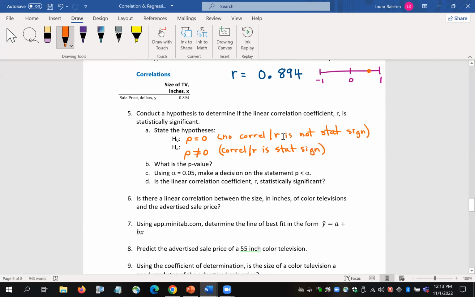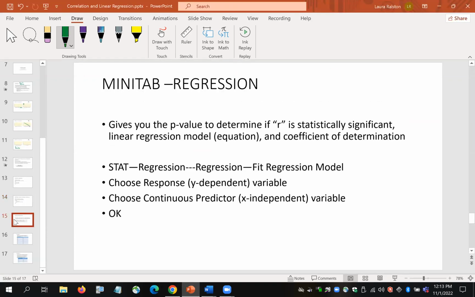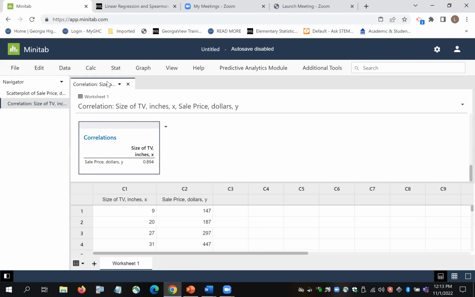The directions are on slide 15. And guys, this process for finding the p-value for your modified hypothesis test is also going to give you the model and everything else you need. Minitab has it all grouped together under one thing.